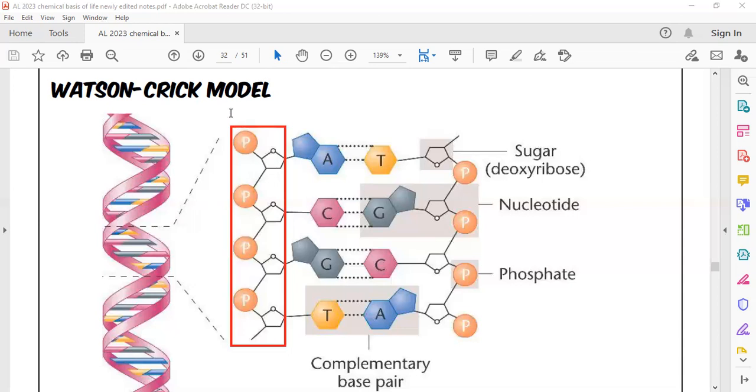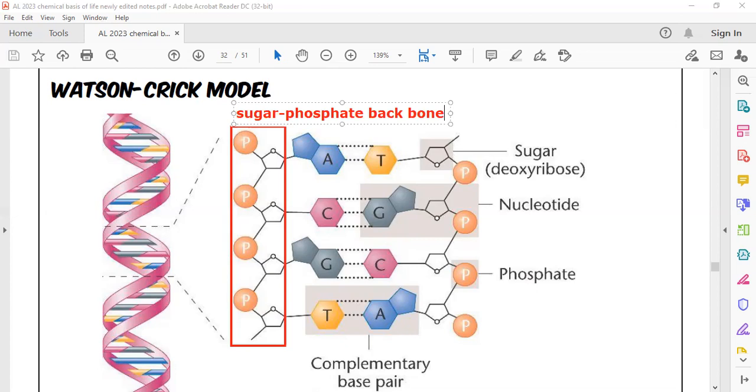And this component is called by the name sugar phosphate backbone.